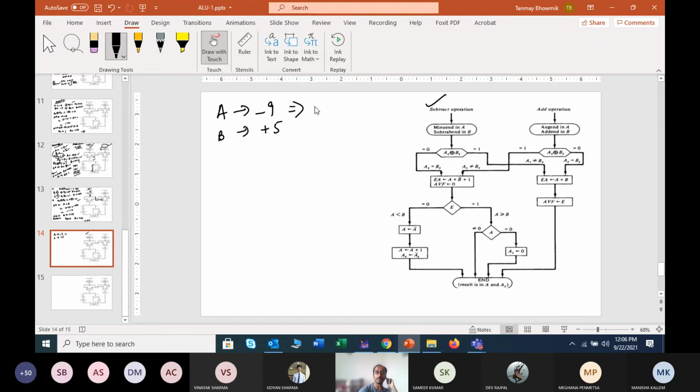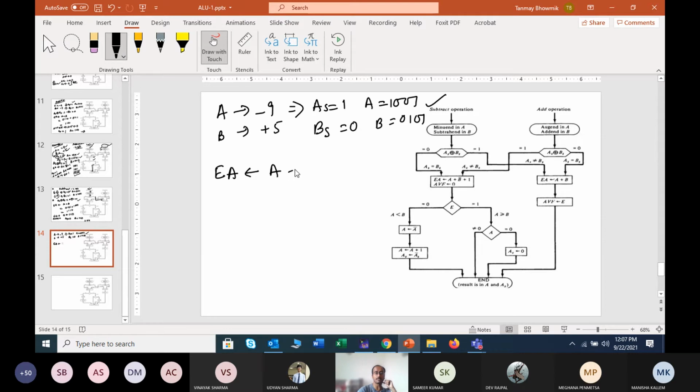So your AS is 1, your A is 1001, your BS is 0, your B is 0101. Now when you perform AS XOR BS, it will again give you the result as 1, so you are again going to this addition zone.